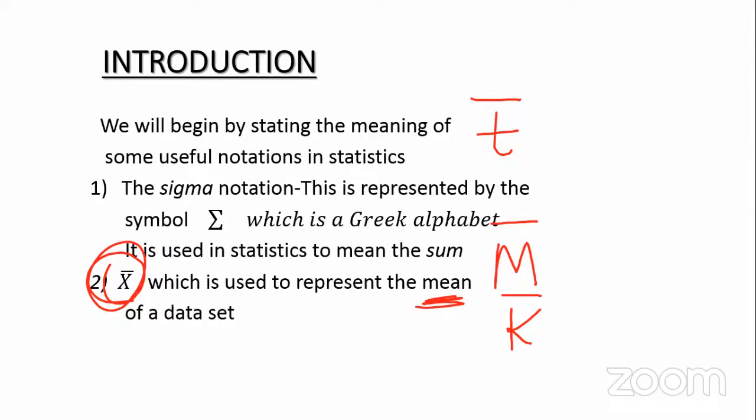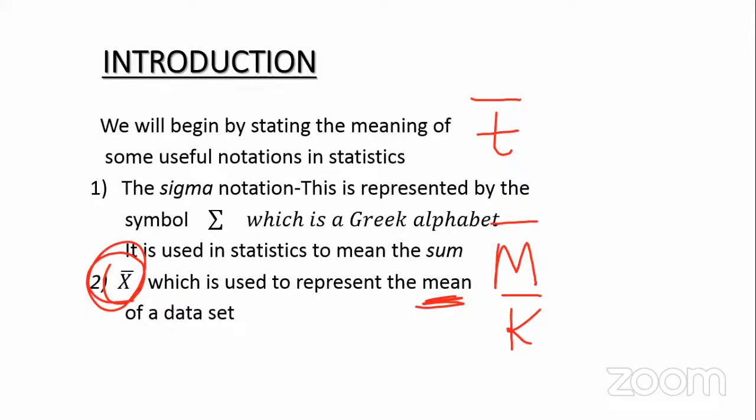So if you get mathematics 20% and you get history 80%, what is the mean? The mean cannot be 20 and cannot be 80. It should be a number in between the two numbers because it's a measure of central tendency. So we always choose a number which is almost at the center of the distribution.